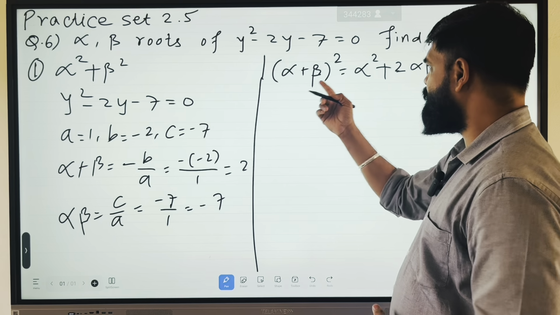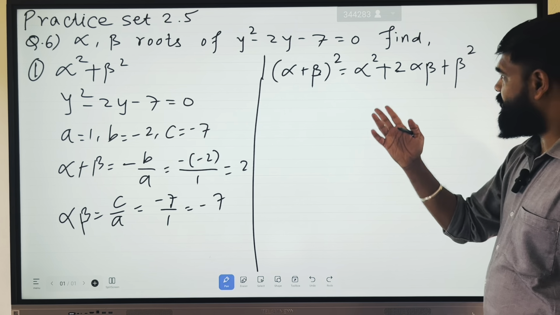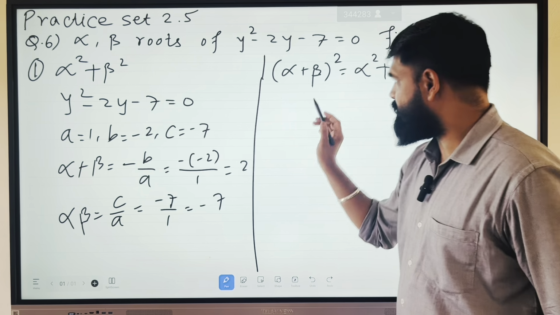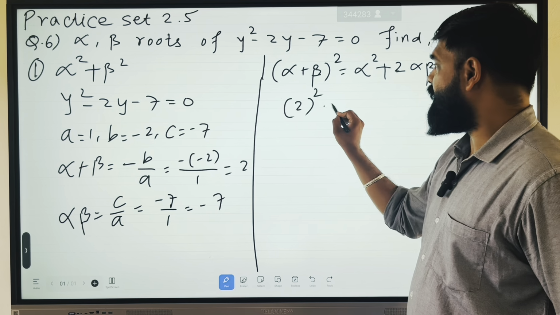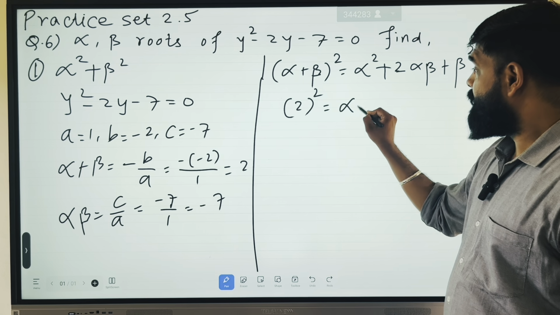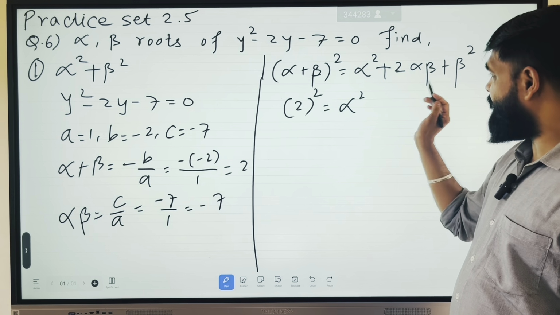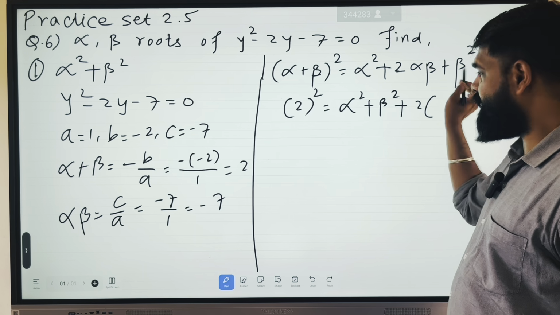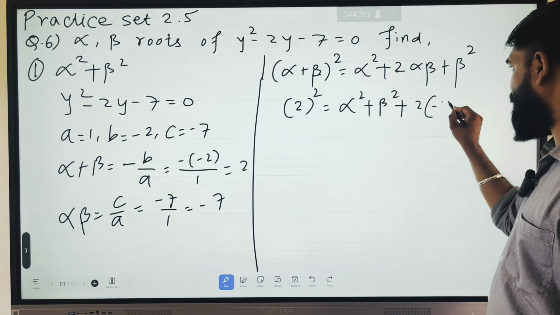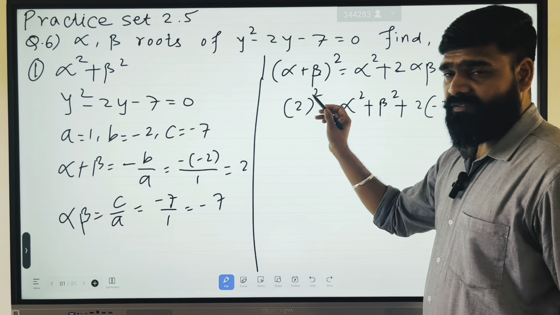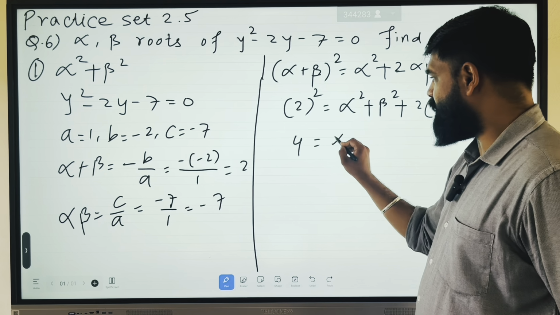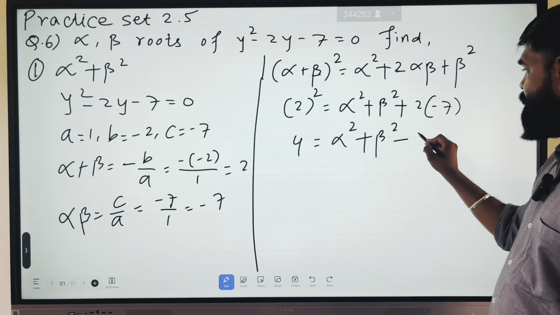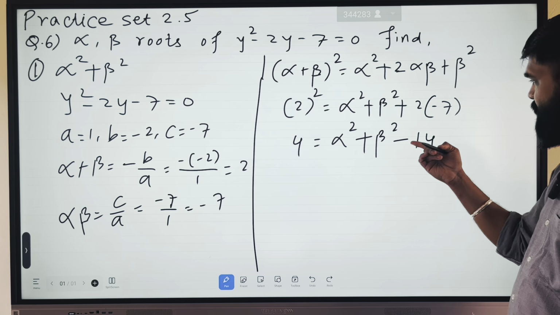So we have to put the values of alpha and beta in this equation. Alpha plus beta is 2 here, so 2 square is equal to alpha square plus beta square, plus 2 into alpha into beta, which is minus 7. The value of 2 square is 4 is equal to alpha square plus beta square, and this will be minus 14. 2 into minus 7 is minus 14.